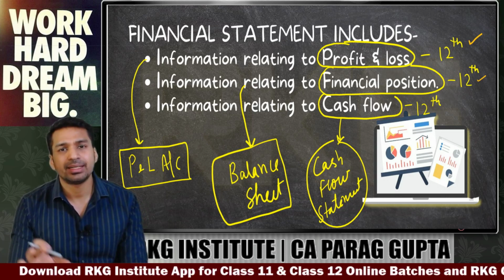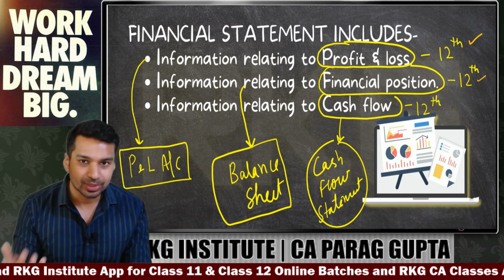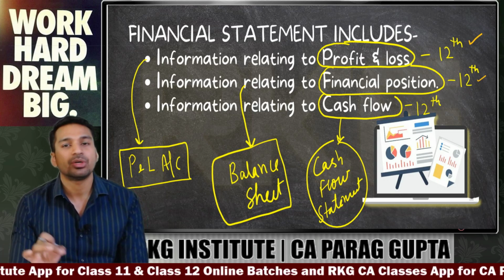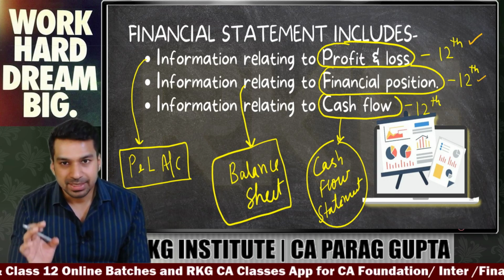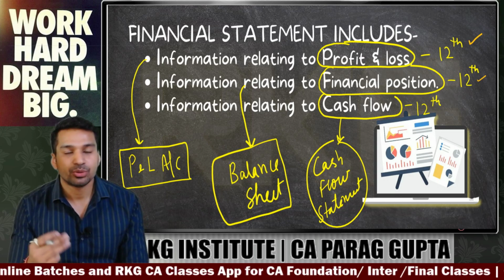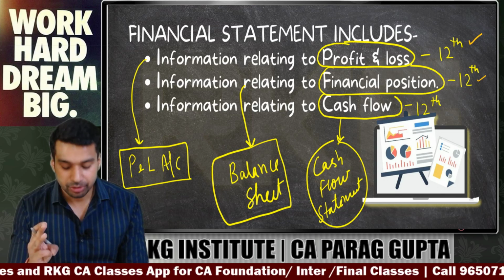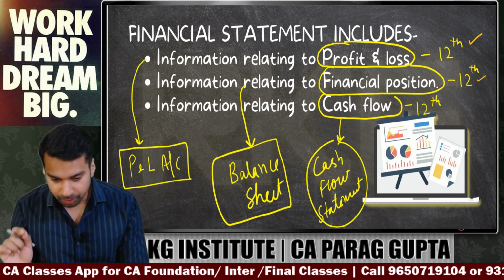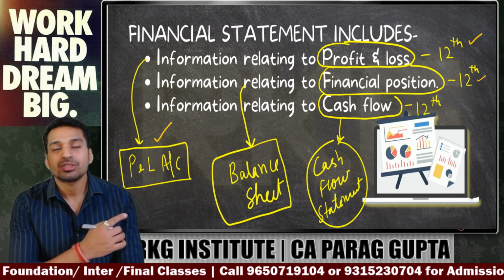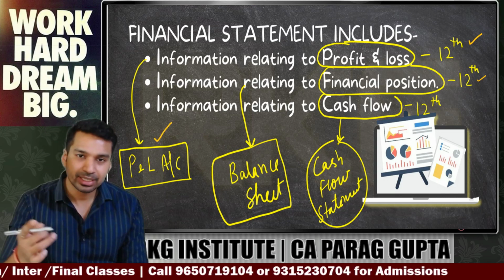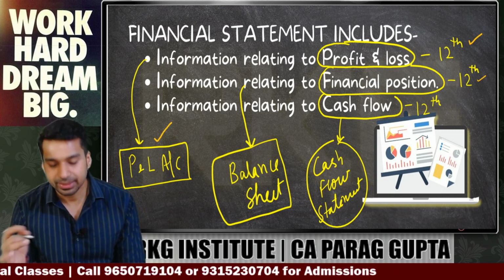So the details we will be studying in class 12th, but here we will be covering only the basics, that accounting information is basically three informations that you have to give to the user. Number one, related to your profit and loss, for which we will be preparing profit and loss account. Don't worry, we will study later in chapter 20.